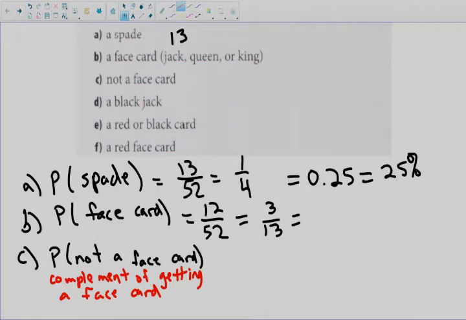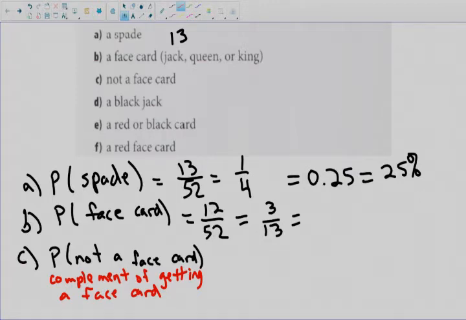If I asked you what's the probability of getting any card from a deck, it would be 100%, because you'd have 52 chances out of 52 to pick whatever card is in the deck. 12 of them are face cards. How many of them aren't face cards? Well, if 12 of them are face cards out of 52, the rest of them have to be non-face cards.